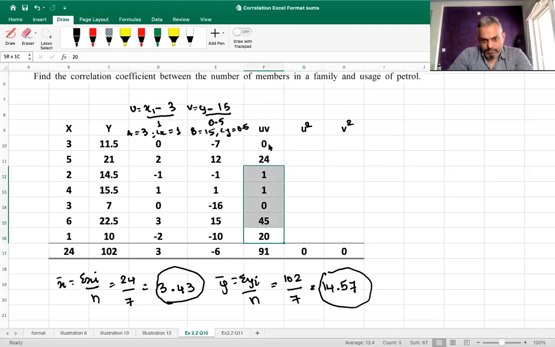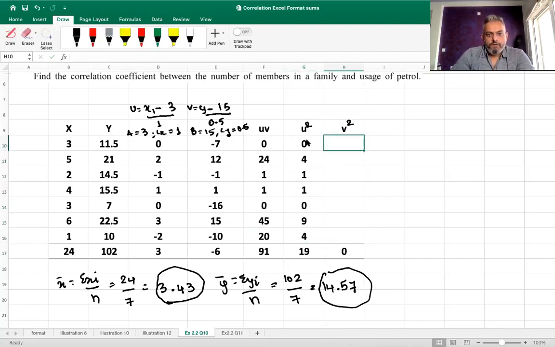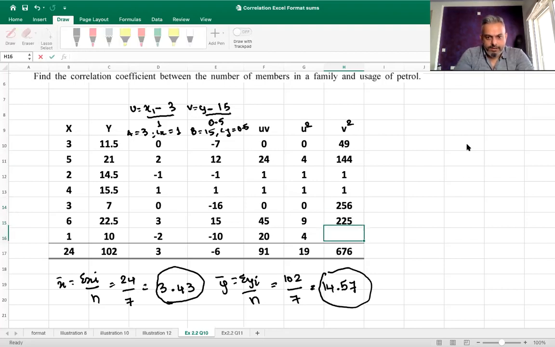So 91. u square: 0, 4, 1, 1, 0, 9, 4. v square: 7 sevens are 49, 12 squared 144, 1, 1, 16 squared 256, 15 squared 225, 10 squared 100. So it comes to 776.